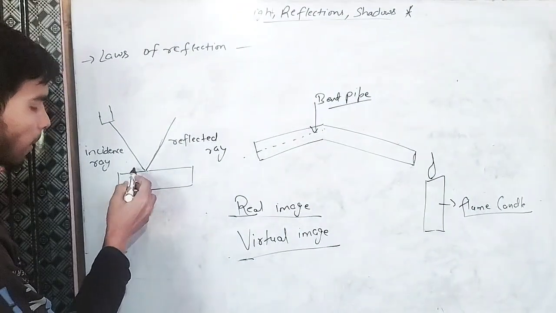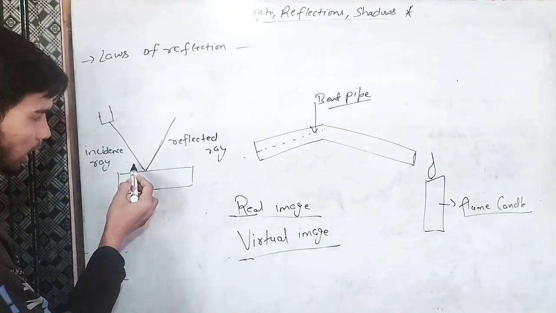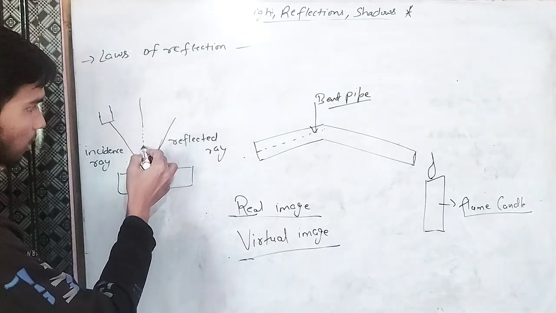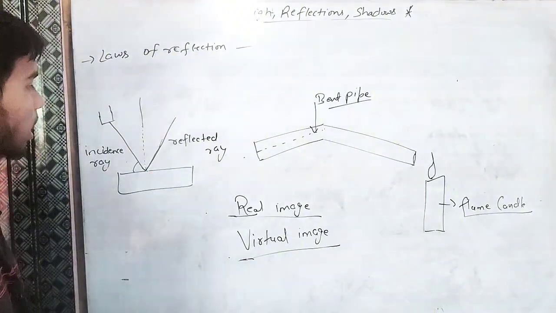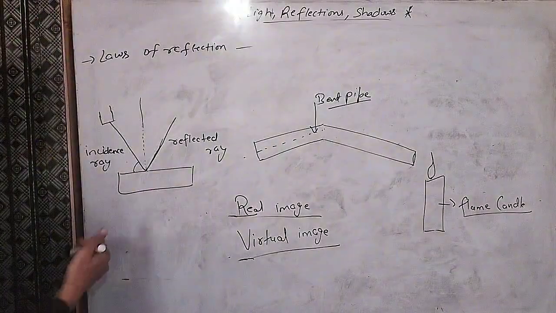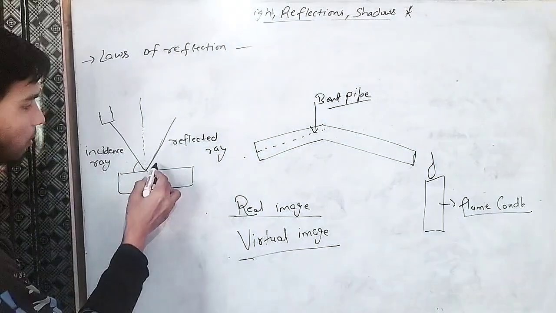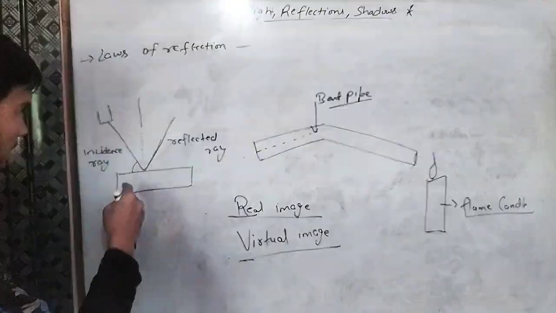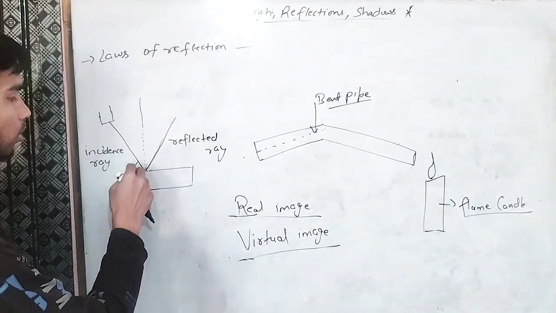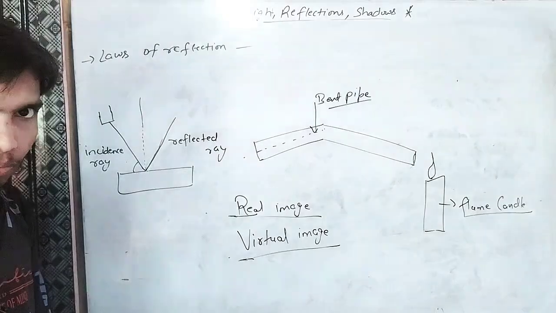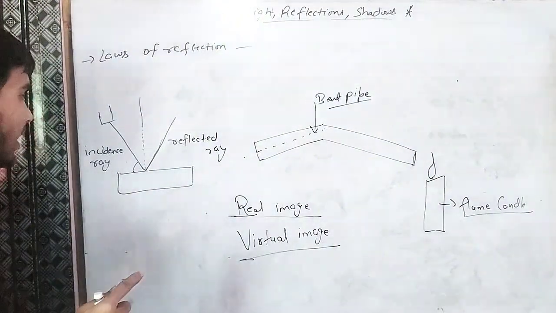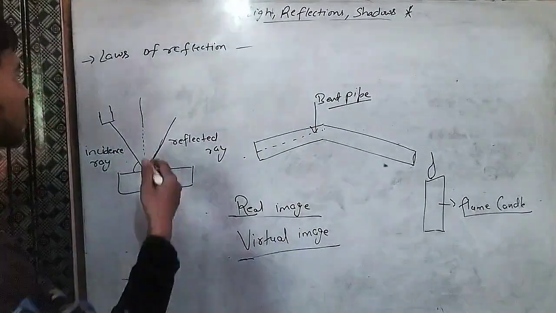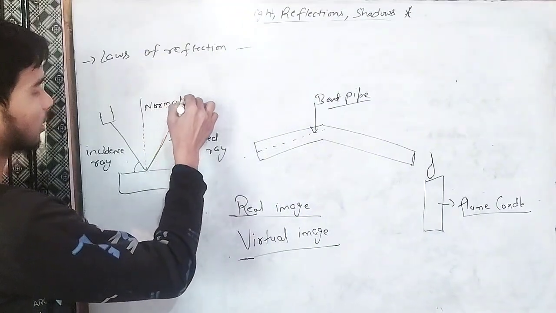Got it? So here we draw an imaginary line, the normal line, to calculate everything. The angle of the incidence ray is measured from the normal line, and the angle of the reflected ray is also measured from the normal line.